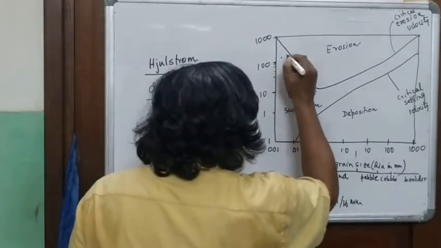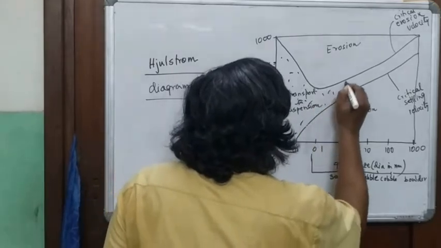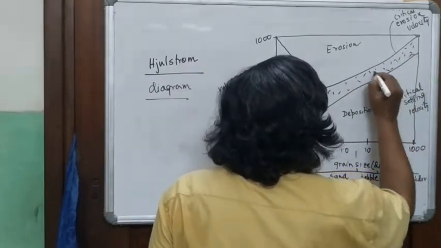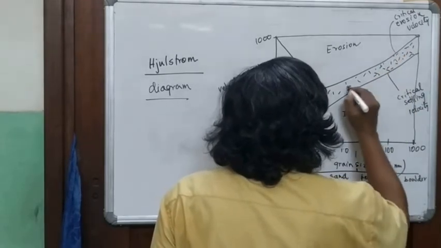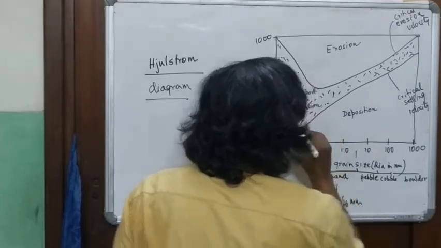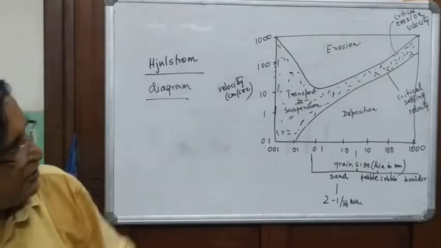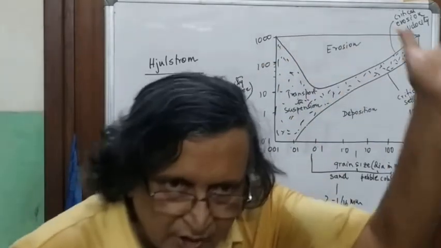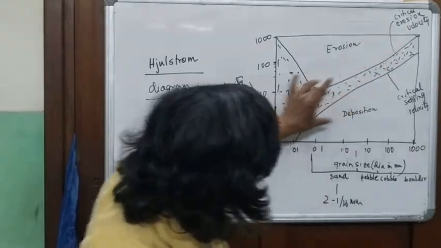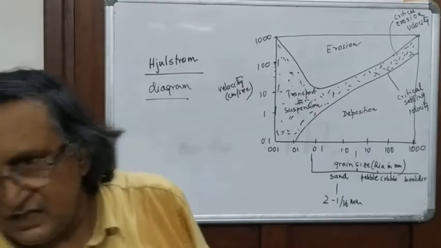And in between you have a zone where materials are transported in suspension. Below this zone, you have deposition of material. Above it, you have erosion of material. But it is this velocity range and size range along which materials are transported in suspension.